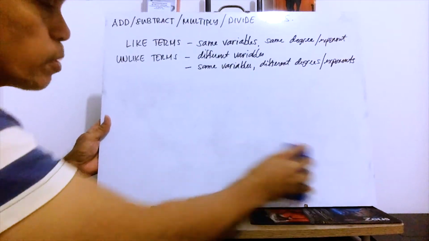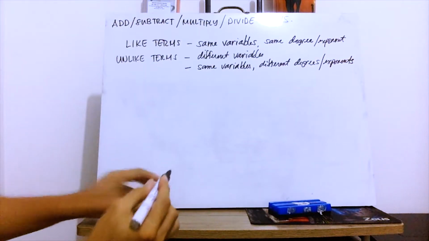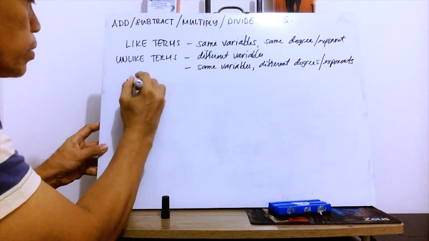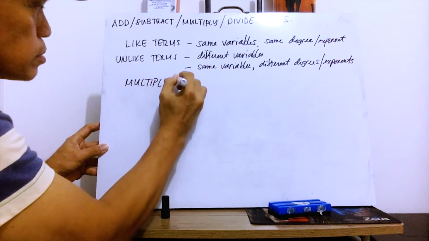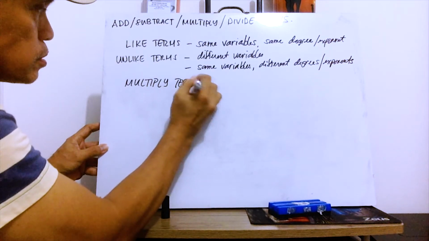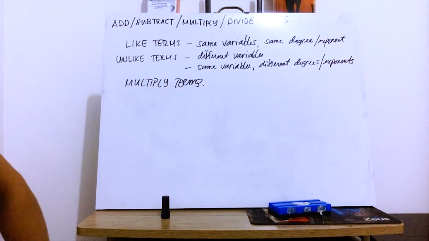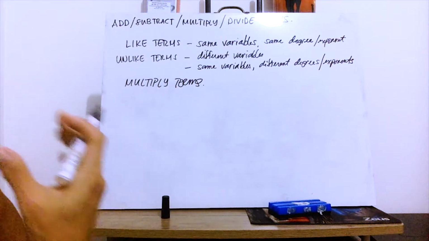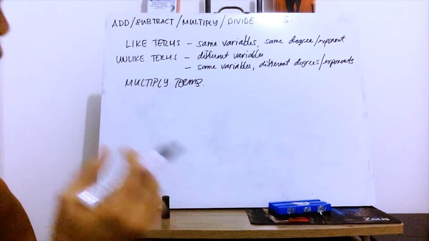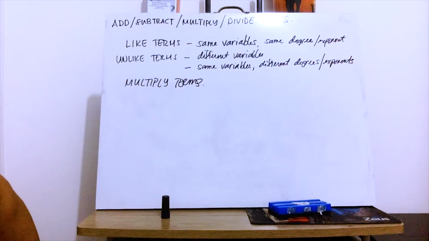Now, how do you multiply terms? Okay, we're now in multiplication. Now, it will not matter anymore if it's like or unlike terms. You can multiply unlike terms. You can multiply like terms. It doesn't matter. You can divide like and unlike terms.